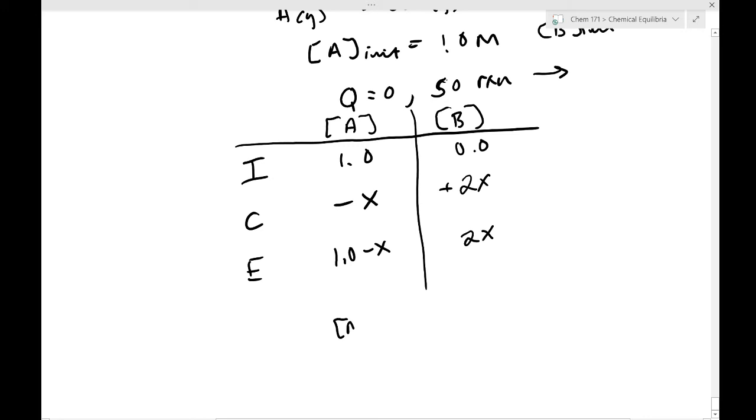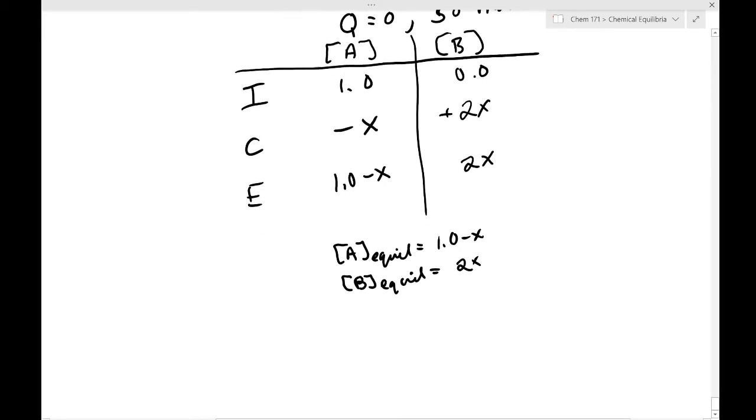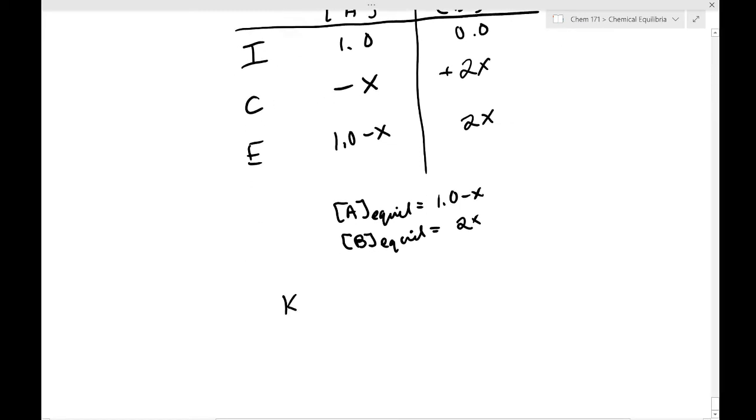So the equilibrium concentration of A is equal to 1.0 minus x, and the equilibrium concentration of B is equal to 2x.